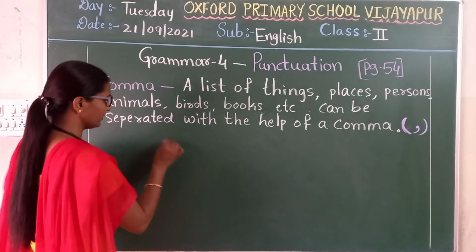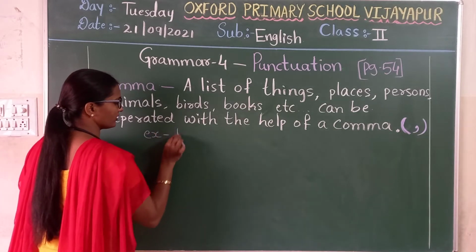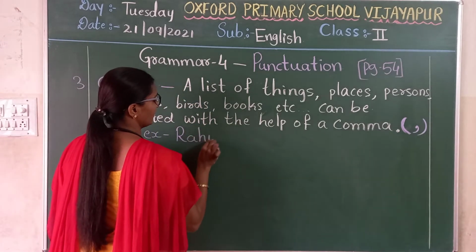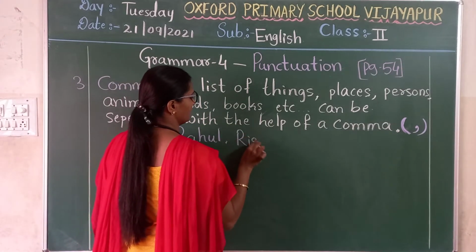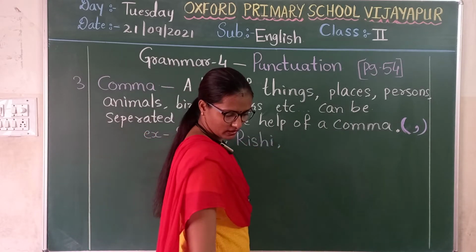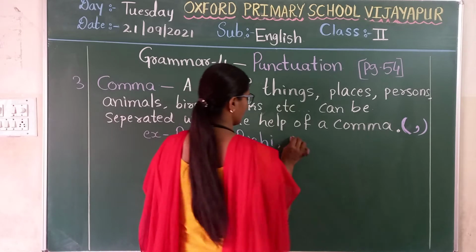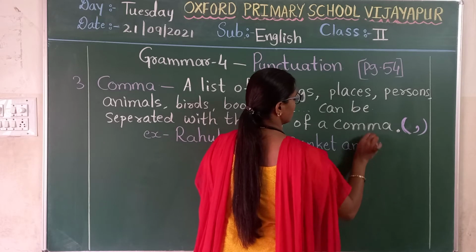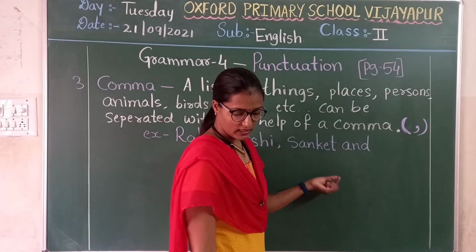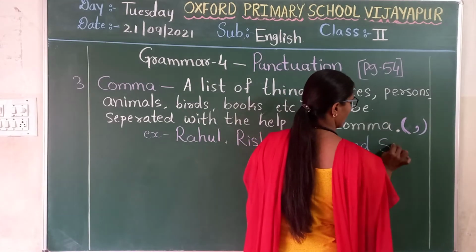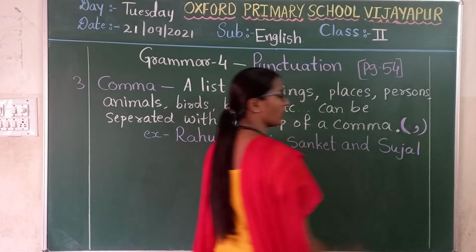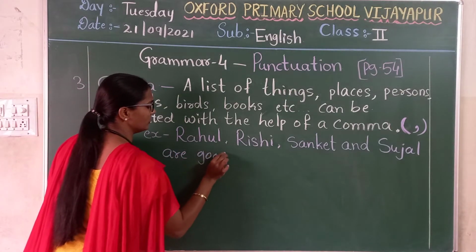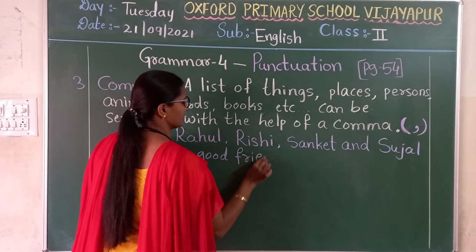Example: Rahul, Rishi, Sanket and Sujan are good friends.